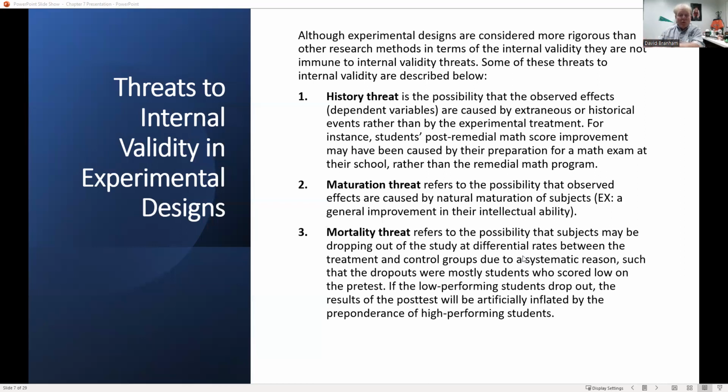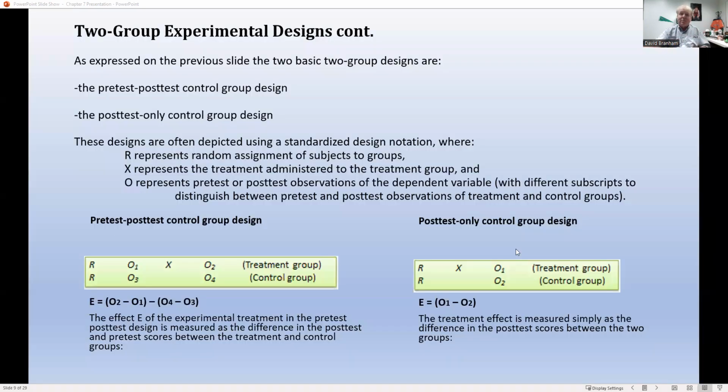And when people drop out, you may incur a bias in that situation. When that happens, mortality can be a really disturbing threat for experimental design, and internal validity problems may occur. So by far, the biggest problem with internal validity on experimental designs is the mortality threat.